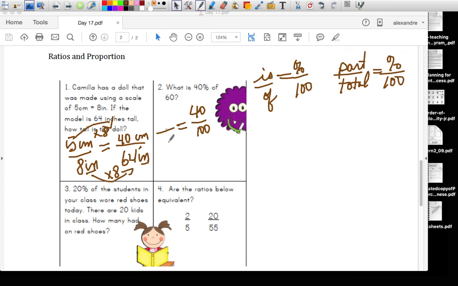So 60 goes here. Is there a relationship? No, let's reduce this. Let's take a 0 away from each. Now we get 4 out of 10. Is there a relationship? Very easy one, times 6. So on top it's going to be times 6, giving us 24 over 60.